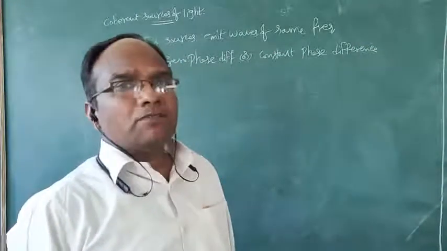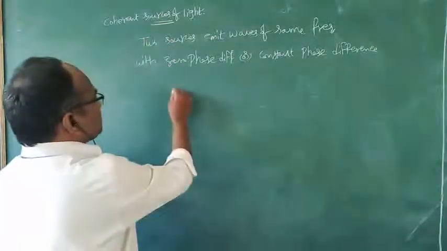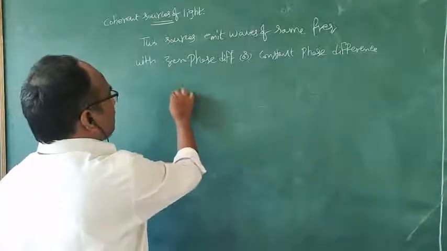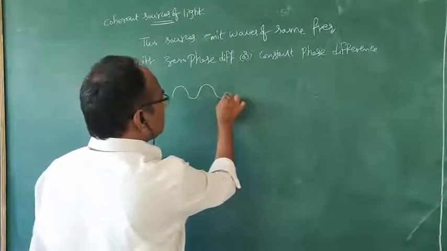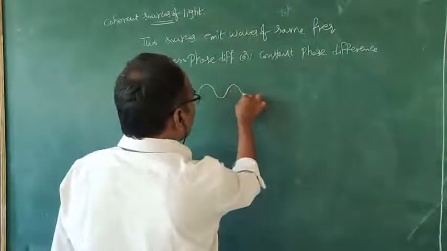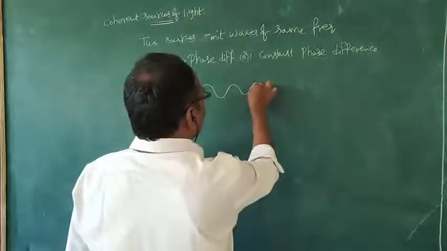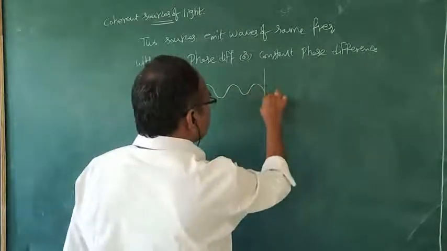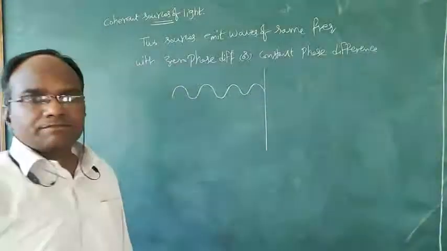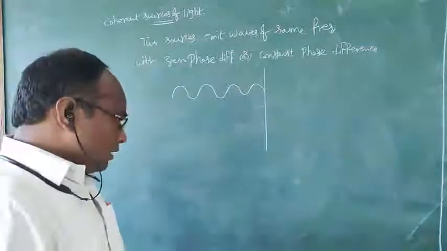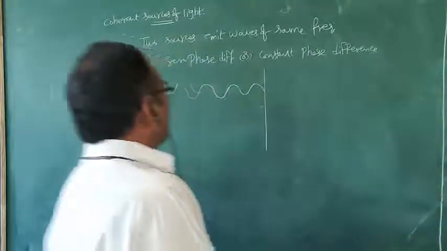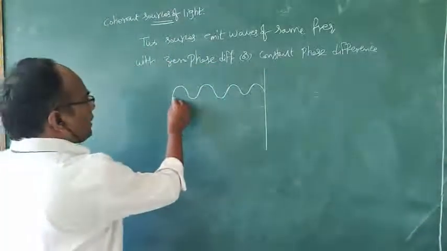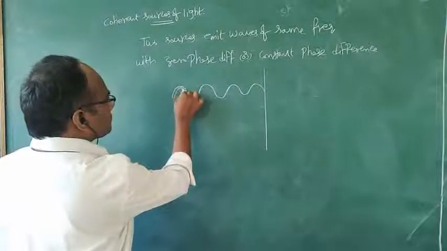So what is the meaning of that? Suppose I am drawing the waves like this. This is a wall, nothing but a screen. Now I am drawing another wave like this.